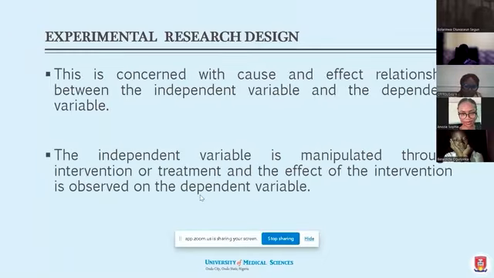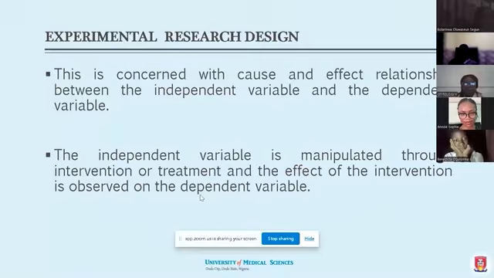In this experimental research design, the independent variable is usually manipulated through intervention, or what we call treatment, and you measure the effect of that treatment or intervention on the dependent variable. So that is what experimental research is all about. It's about cause and effect relationship. So if you are working on a particular topic which is centered around effect, definitely you should know that that is tending towards experimental.